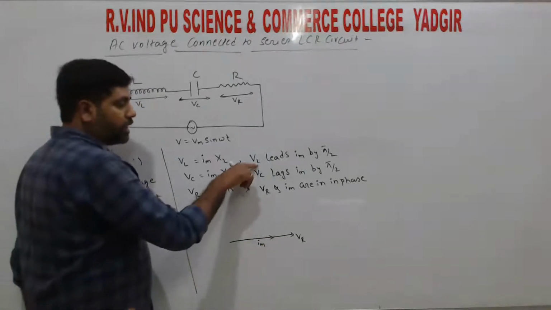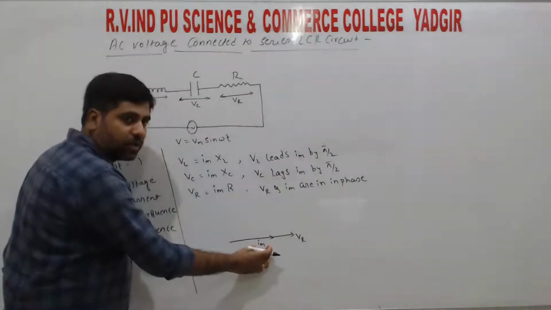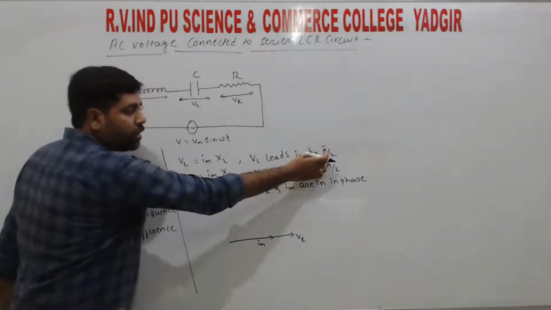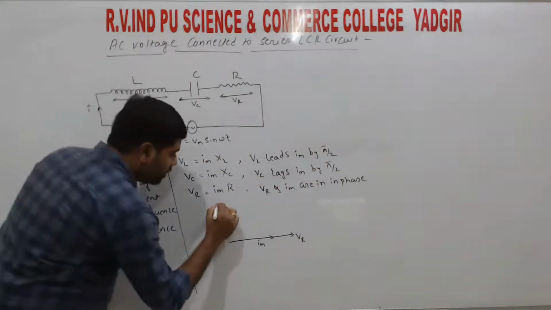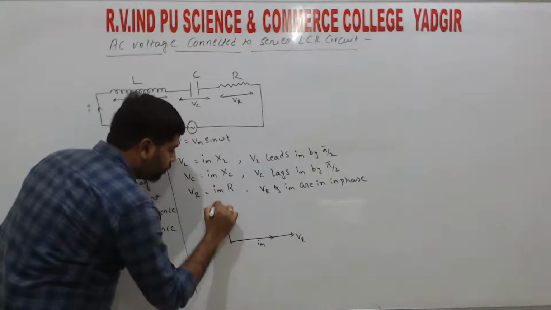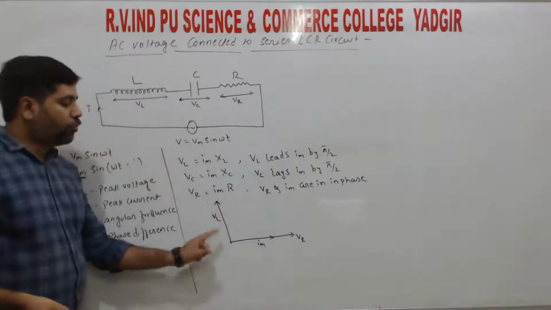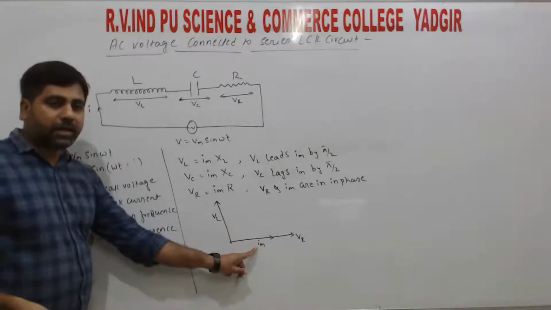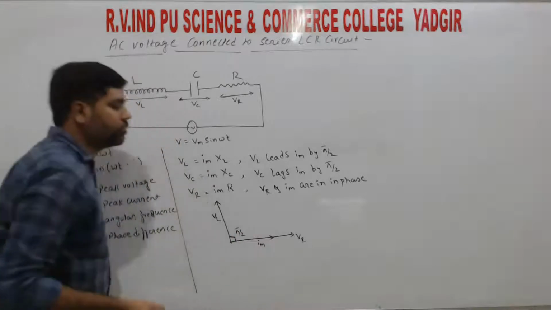So next VL, that is voltage leads the current. So here we have the current Im. So voltage leads the current by pi by 2. So leads means positive 90 degrees, right? So here we have VL. So VL leads the current Im by 90 degrees, that is pi by 2, right?